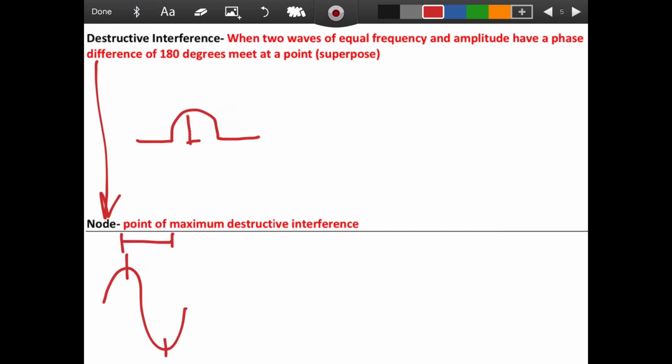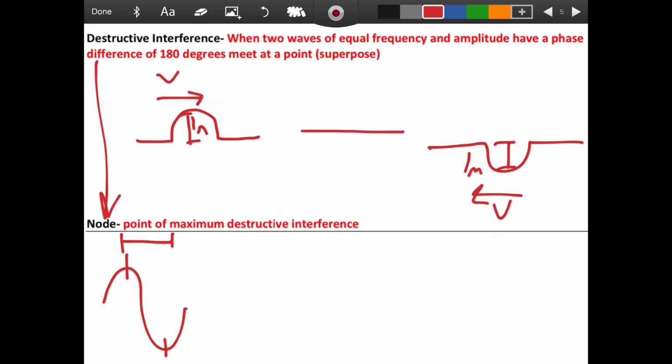So here, let's say this is again 1 meter, and say this is moving to the right. And over here we have a trough, and let's say it's 1 meter, and this is moving to the left. When these two pulses pass through each other, they are going to completely cancel out or destructively interfere.